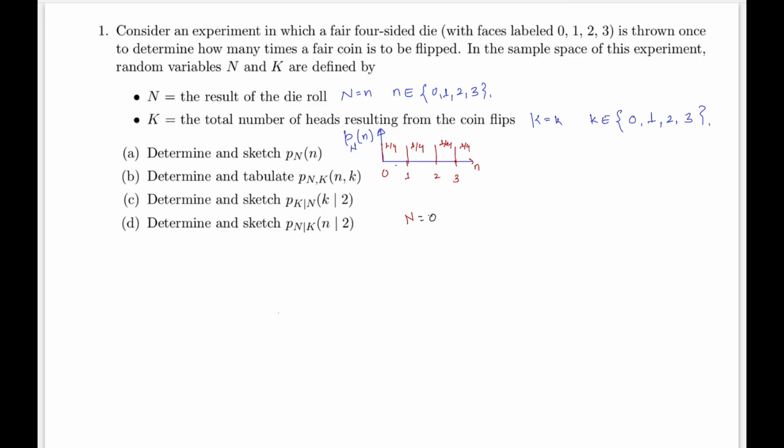These are the possible values that N can take, and these are the possible values that K can take. So let's directly jump to what the possible values are. These are the values that random variable N can take, and these are the possible values that random variable K can take. Let me write them down here also, so that you know which side is which.